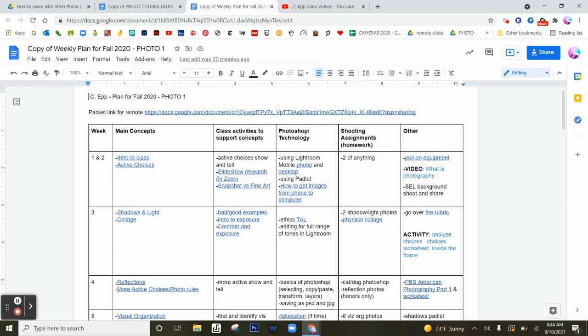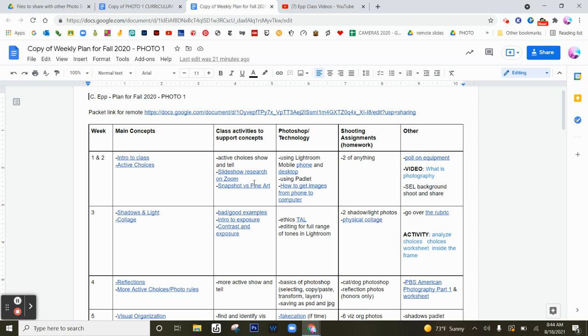So I introduce those concepts, and then the students do things to support those concepts, like we talk about active choices. I do a little mini lecture, and then we look online and find some photographs, and the students talk to each other and to the class about images and those active choices in those images.